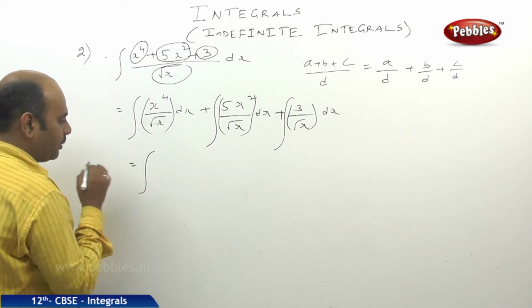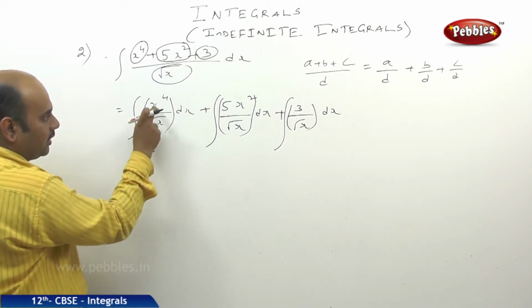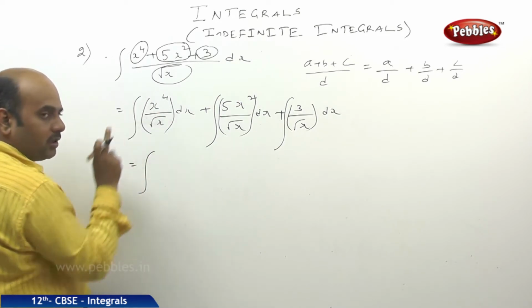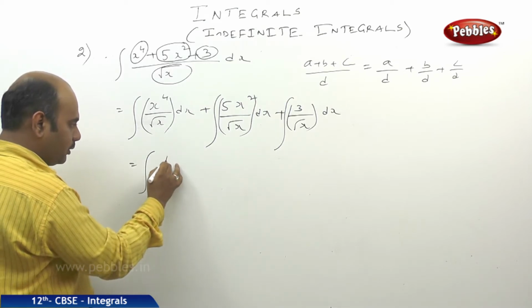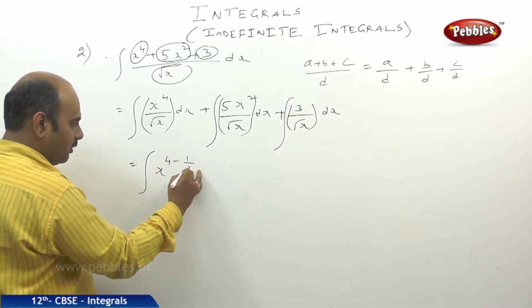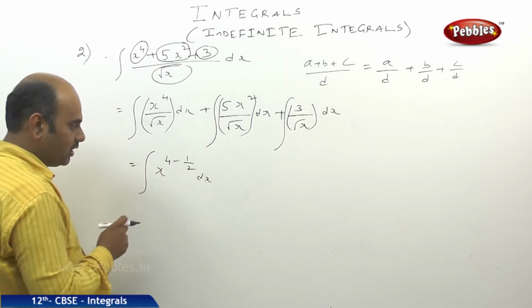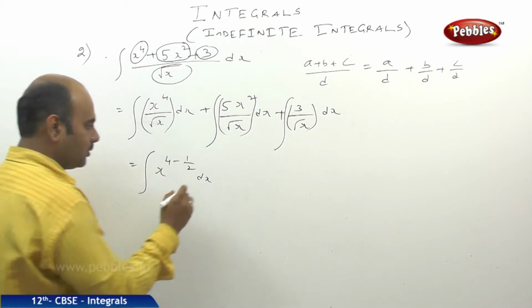Now before applying the integral, it is looking like x power m by x power n. Here m is 4 and n is 1 by 2. So I will write x power 4 minus 1 by 2 dx. Why? Because x power m by x power n means x power m minus n.